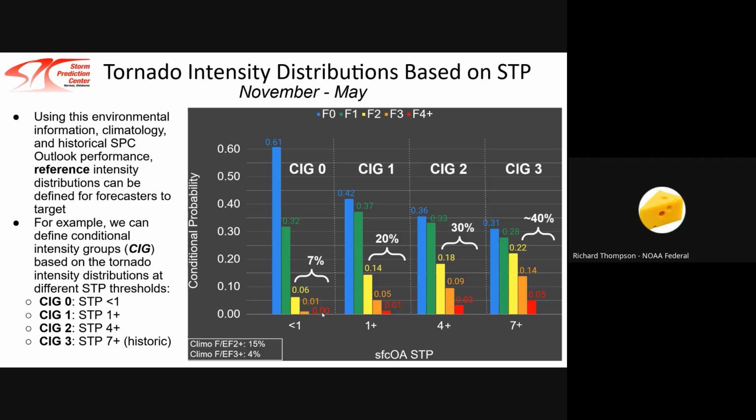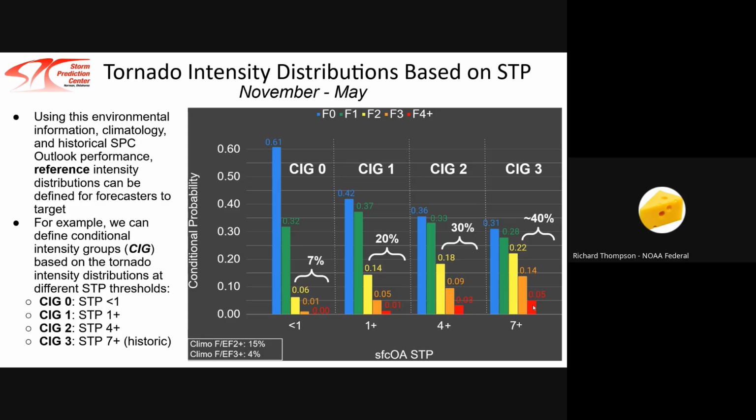If you go to somewhere between 1 and just under 4, the percentage of SIGTORs actually triples just going into the higher STP parameter space. And if you keep moving, you notice that the yellows, oranges, and reds, the higher end tornadoes, get more and more frequent.